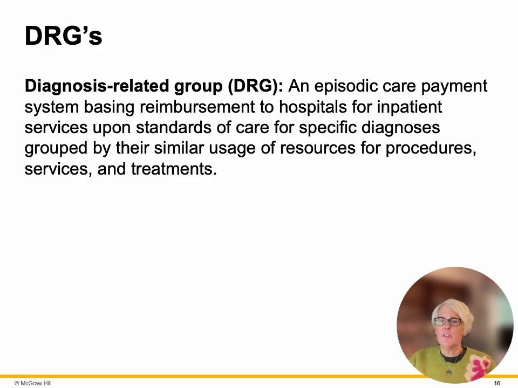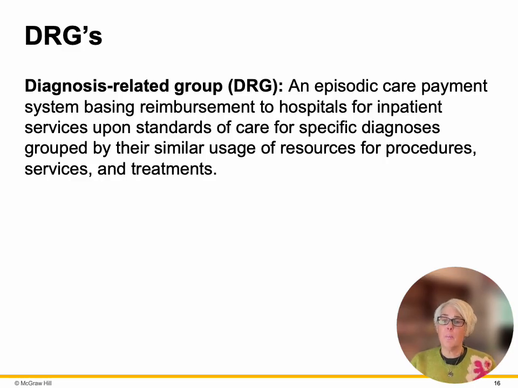When I think about DRGs, I imagine a funnel. All of the details that I code, principal diagnosis, secondary diagnoses, POA indicators, procedures, all of that gets funneled into, or poured into, a grouping algorithm. The DRG that comes out on the other end represents both the clinical story and the resource intensity of that stay.